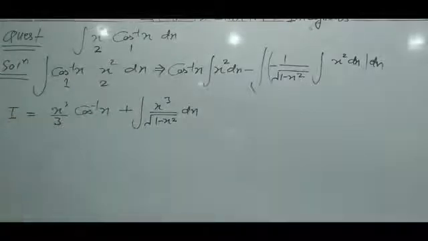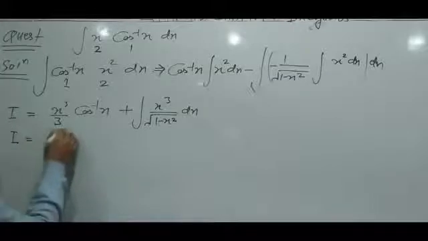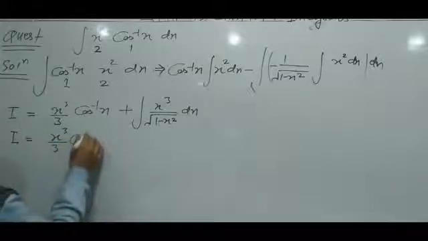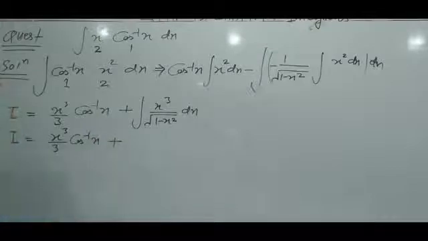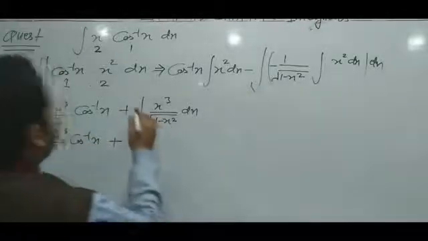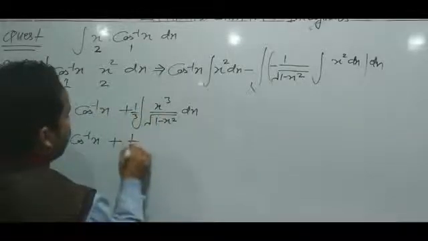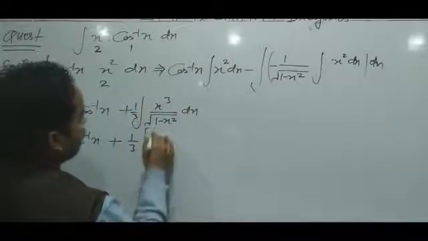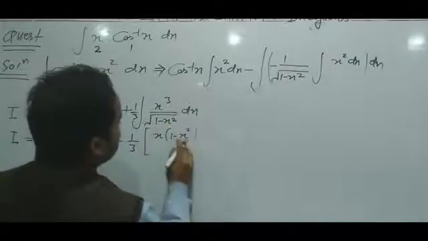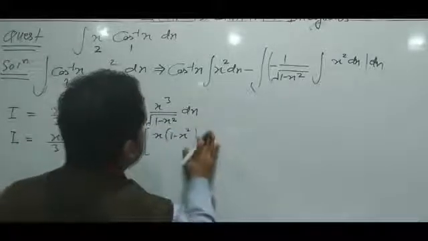Now how can we solve this? We can write I is equal to x cube by 3 cos inverse x plus 1 by 3, x in bracket 1 minus x square, and now minus x.